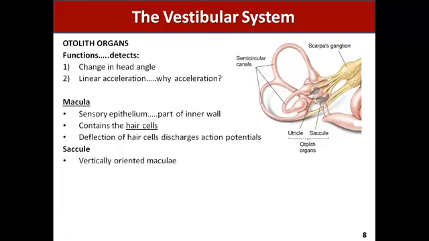Specific to the otolith organs, the saccule's sensory epithelia are generally oriented in a vertical manner, while the utricle epithelium is generally organized in a horizontal position, and that allows us, as we discussed with the semicircular canals, to be sensitive to linear accelerations both in a horizontal and vertical manner.